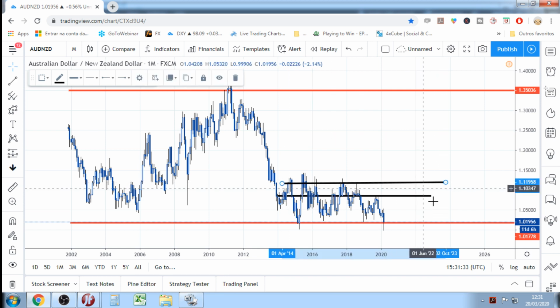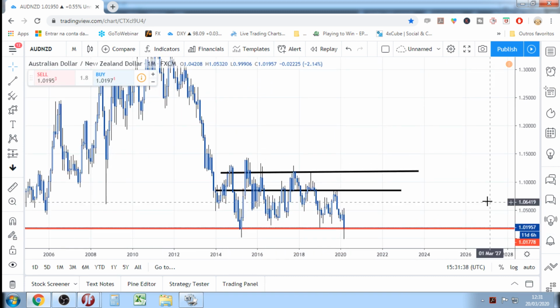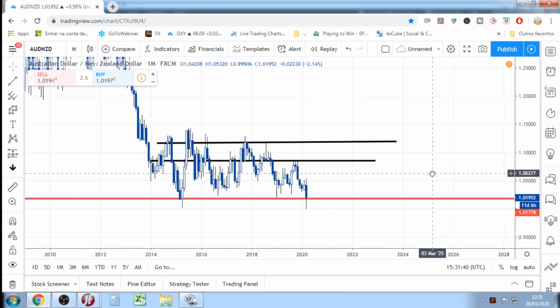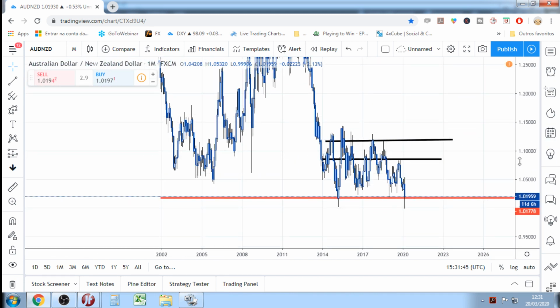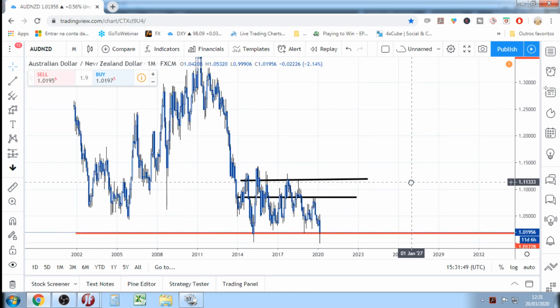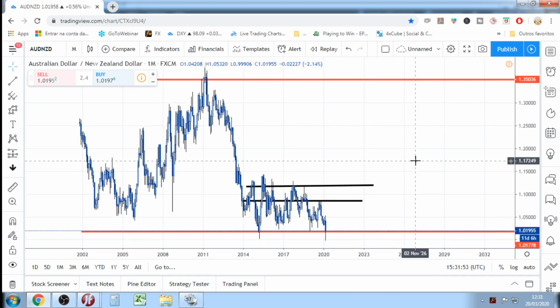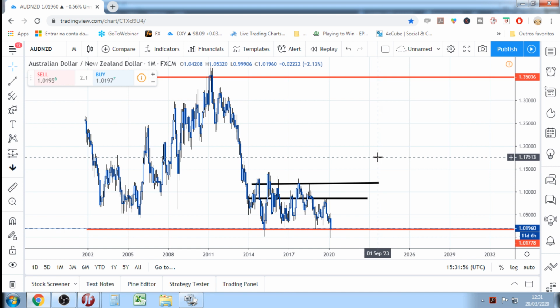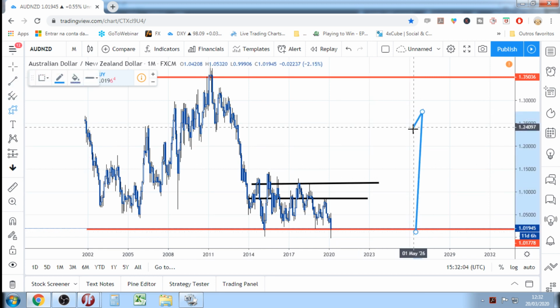So if you are long, everybody, on AUD NZD, long term, as you can see, from 2014, for 5 years we are locked in the sideways channel, similarly to the AUD CAD, just in different directions. So yes, Annie, correct. The long-term bias is up.